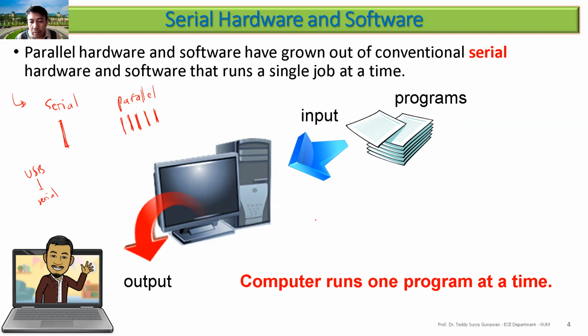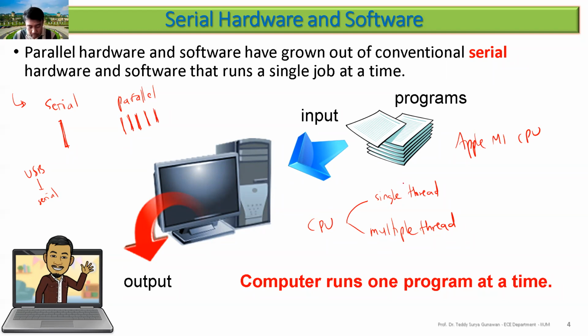On the CPU front, you have single thread performance and multiple thread performance. For example, the Apple M1 CPU that uses RISC has the highest single thread performance. The designer is very clever, because most of the time you're only working on a single program, like opening Microsoft Word and focusing on typing only in Microsoft Word.